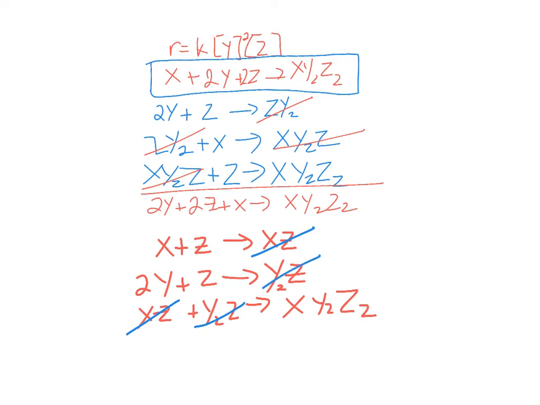Your overall will be X, 2 Y's, 2 Z's, that is 2 X, Y, 2, Z, 2. You could have 3 different mechanisms that will work. You're just making up a product. The end product has to be the same as the original. This end product has to be the product up here, that's it.